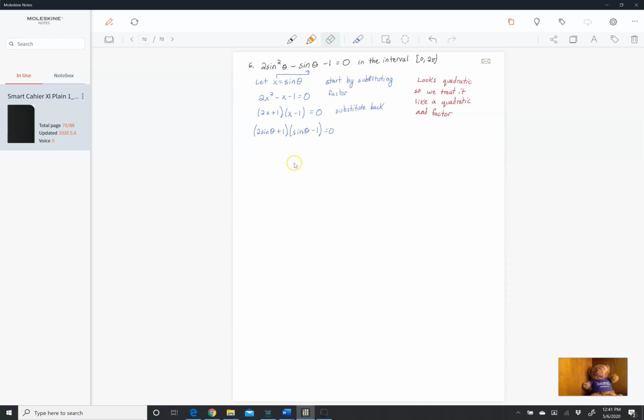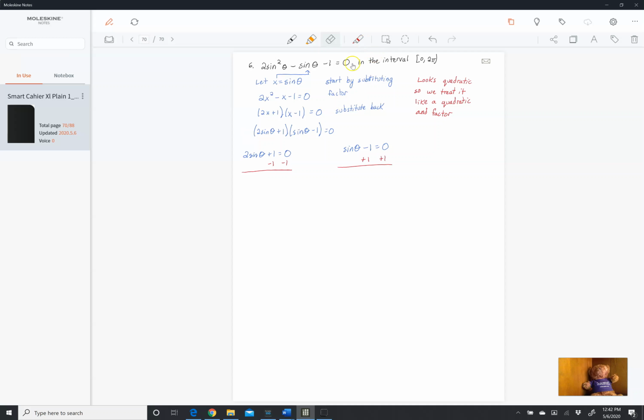Then you're using the zero property. So then you have two equations that you're solving. You're solving 2 sine theta plus 1 equals 0, and then you have sine theta minus 1 equals 0. Okay, and we solve. In this one, we subtract 1 from both sides. In this one, we're going to be adding 1 to both sides.